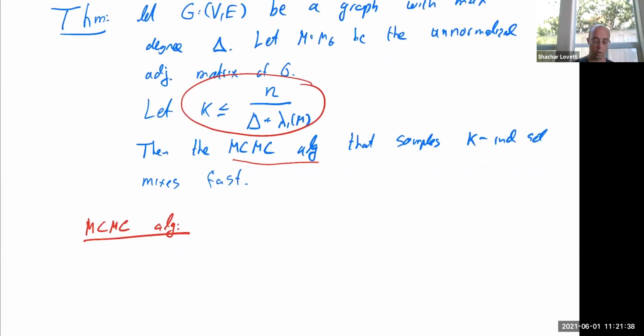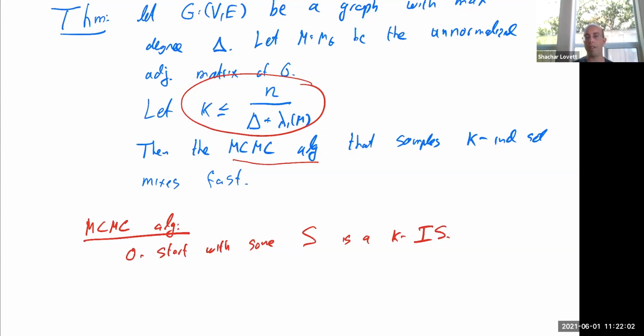So step 0 is that you start with some, let's call this S, which is a K independent set. So just find one arbitrarily.